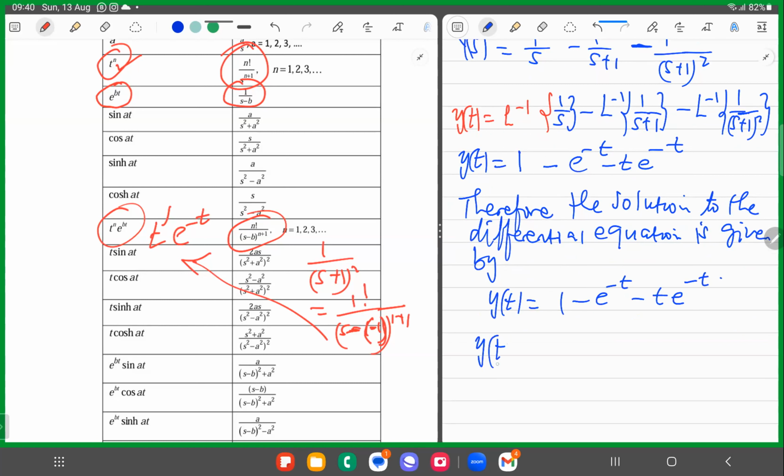Obviously this solution can also be written as 1 minus, so you can pull out e to the minus t. This is a solution as required.